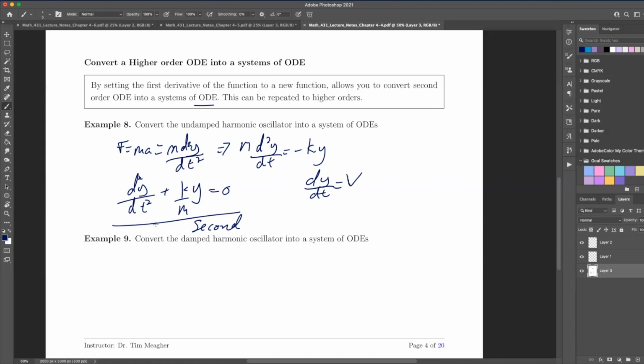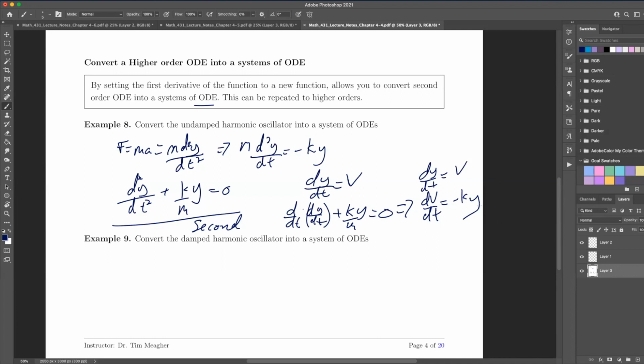And doing that, I can write this as d/dt of dy/dt plus ky over m equals 0. Rewriting this, I can change this into dv/dt equals, and I'll move it over, minus ky over m. And then what do I have here? dy/dt is equal to v.